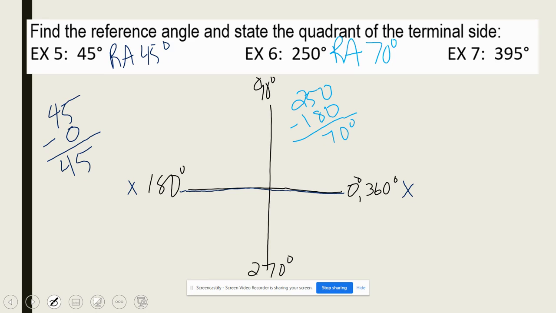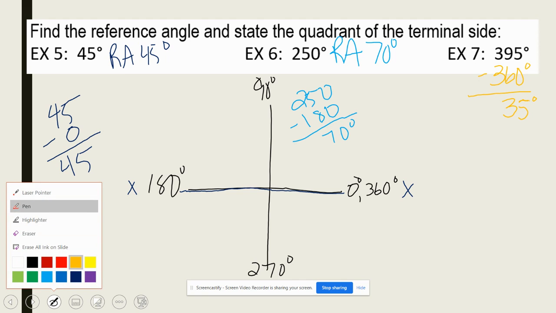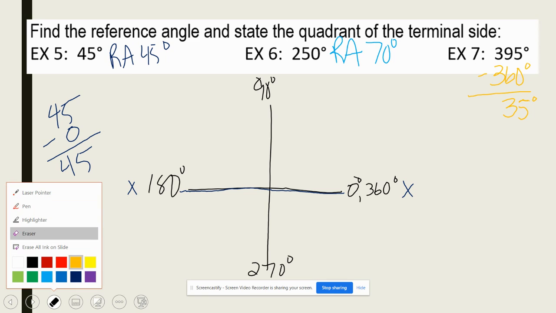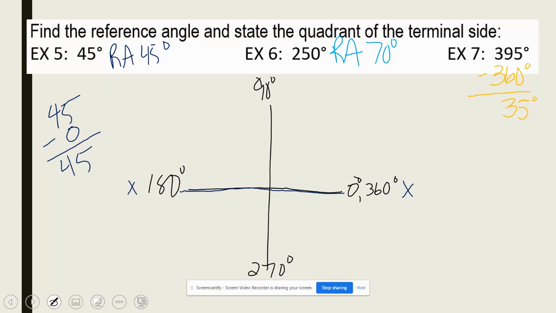All right, 395. 395 is more than 360 degrees. So we're going to subtract 360, and we get 35 degrees from that. 35 degrees stops in quadrant 1. So maybe here.